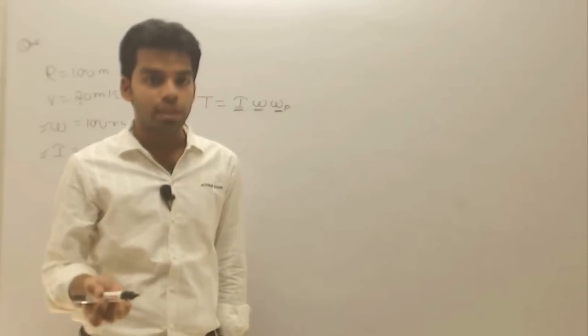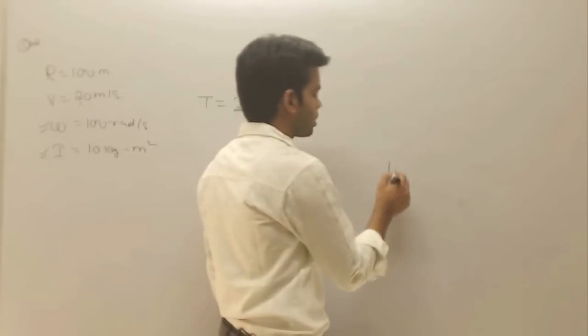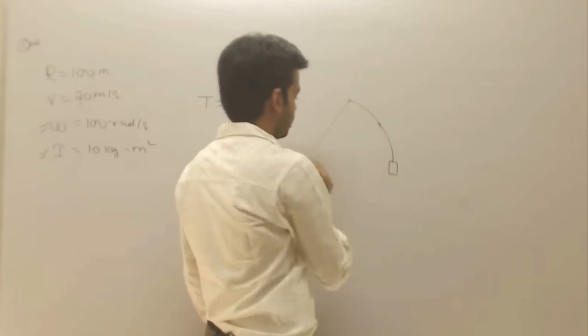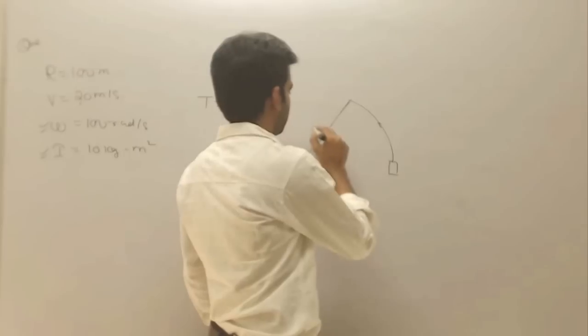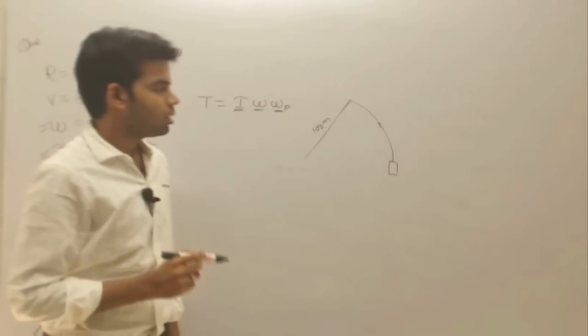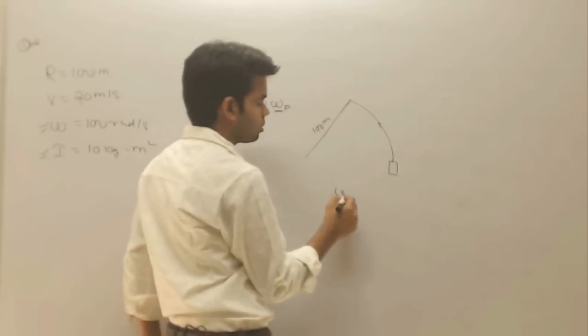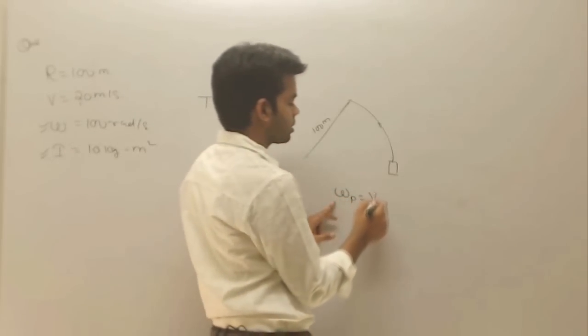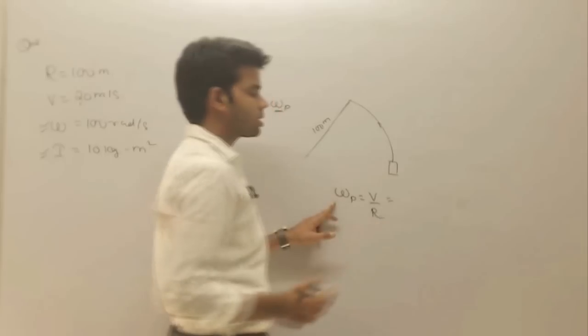Now, how can you determine the angular velocity of precession? This is the car, taking a curved path, and the radius of that curvature is 100 meter. So omega p is nothing but v by r, since v is equal to omega into r.